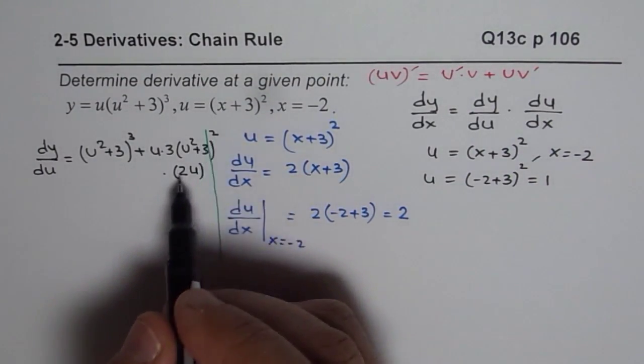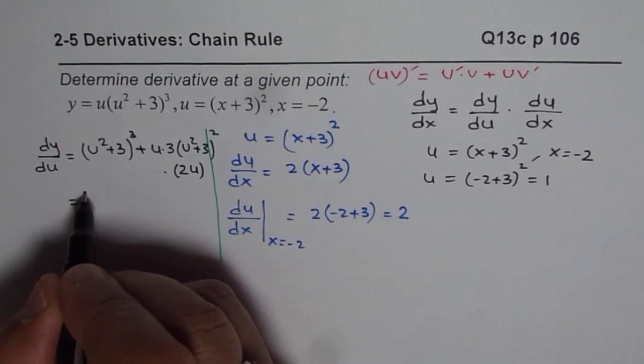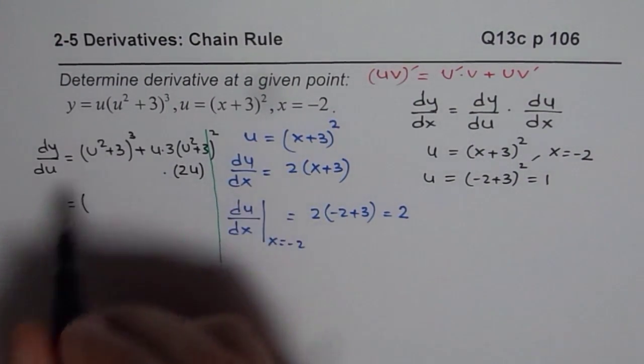So let me rewrite this. We'll multiply these terms and simplify, then substitute u equal to 1 in this expression.